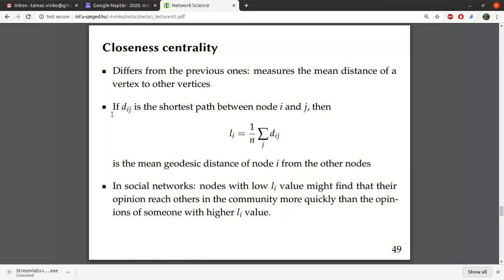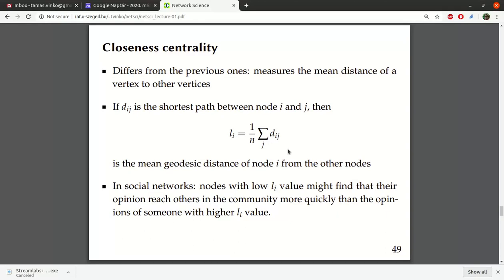Okay, so let's start with this notation, which is Dij, which denotes the shortest path between node I and node J. I mean the length of that path.